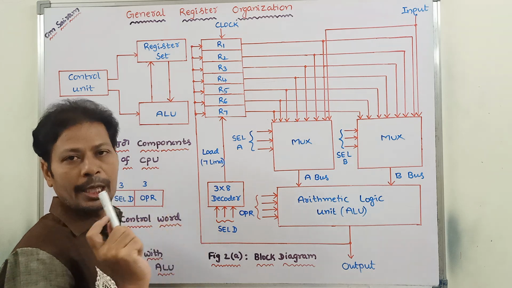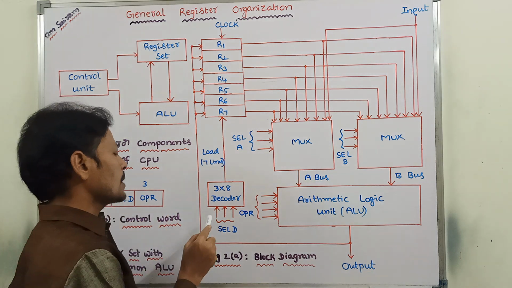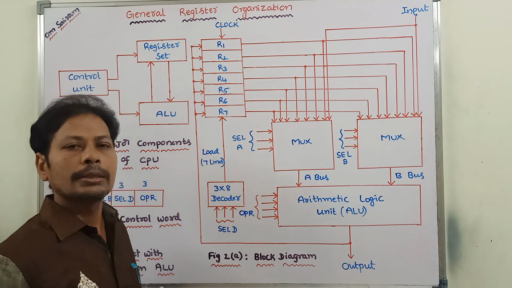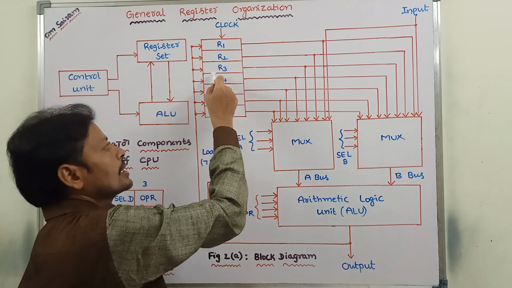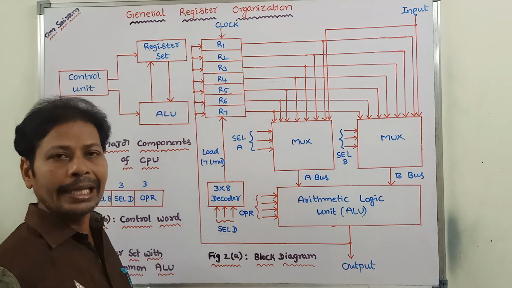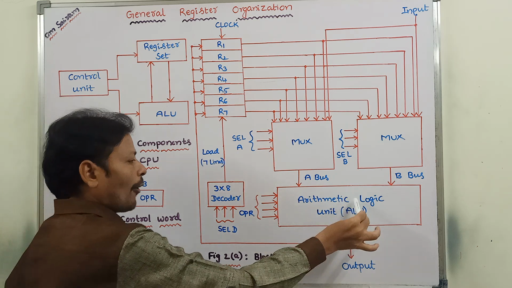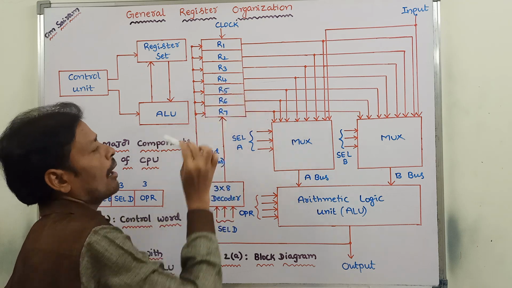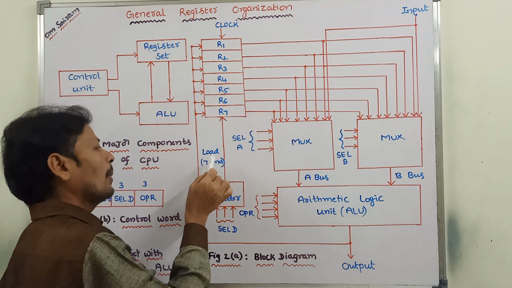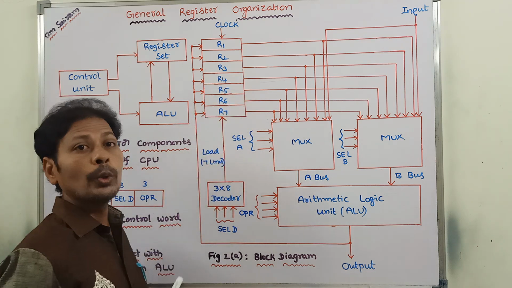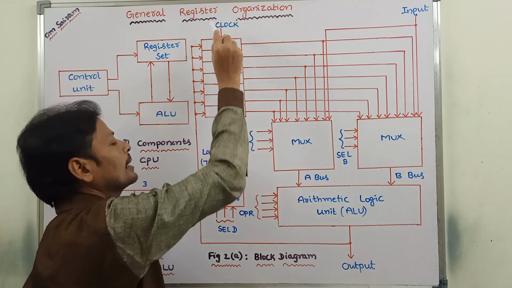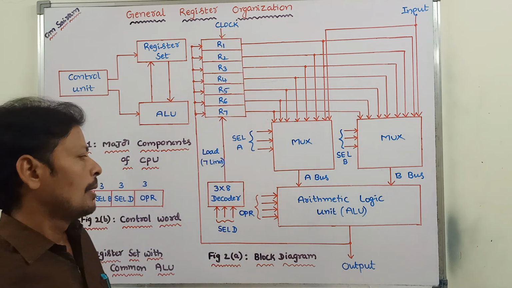the load input. Suppose this value is 101. That is, the R5 register is selected. The result of the ALU operation is loaded into the R5 register by enabling the load input of the R5 register after applying the clock pulse.